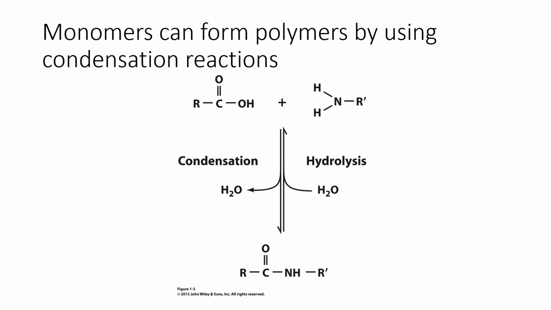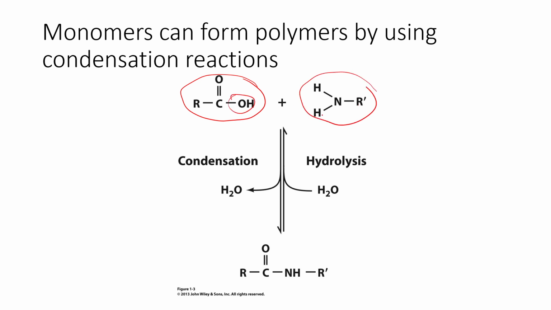So how do monomers come together to form polymers? Many biologically relevant monomers do this by using a condensation reaction, which is a reversible reaction. So one biological molecule, in this example this carboxylic acid on the left, combines together with this amino group on the right.